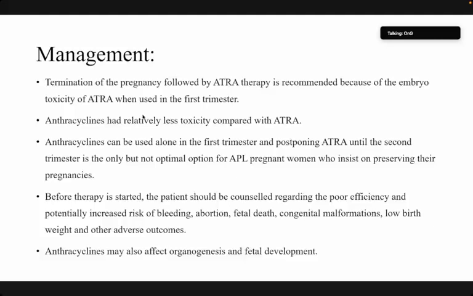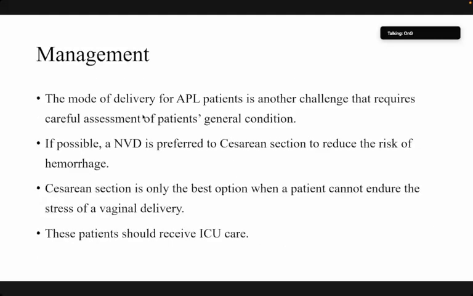Before therapy is started, the patient should be counseled regarding the poor efficiency and potentially increased risk of bleeding, abortion, fetal death, congenital malformations, low birth weight, and adverse outcomes. Anthracyclines may also affect organogenesis and fetal development.